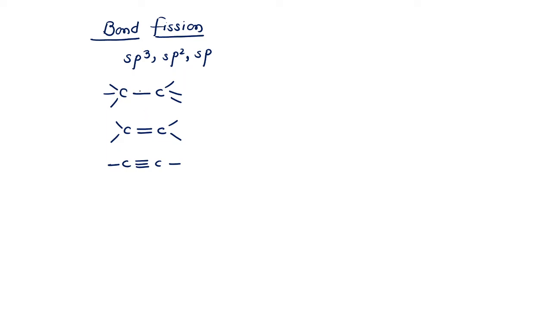There is a presence of two sigma electrons. In a double bond there is one sigma and one pi. Out of that, the sigma bond is stronger than the pi bond. So, when breaking takes place, the pi bond will break first. So, pi bonds are loosely bound. Now, when this bond fission takes place, this is going to break.